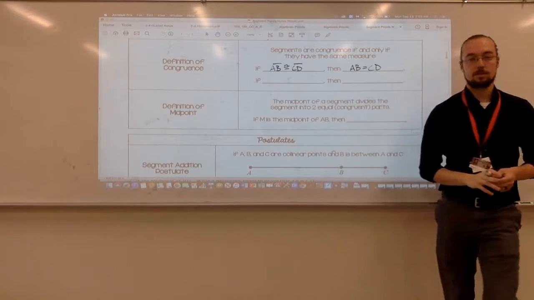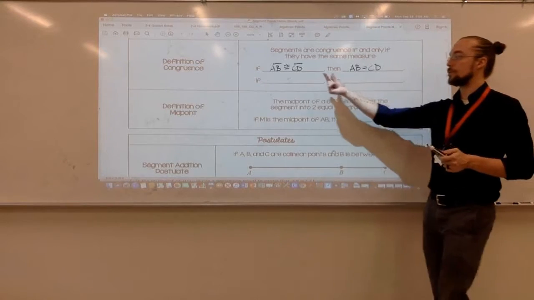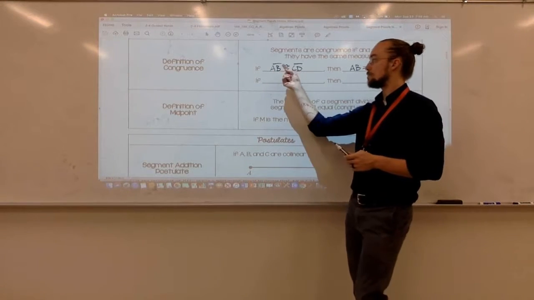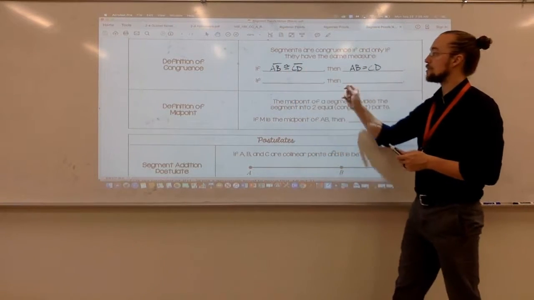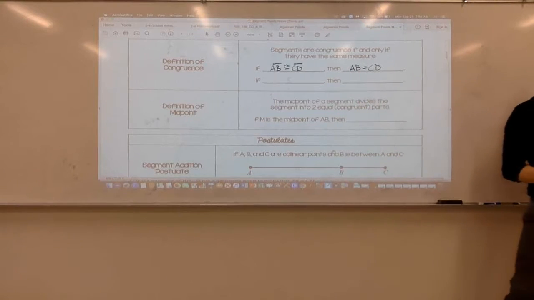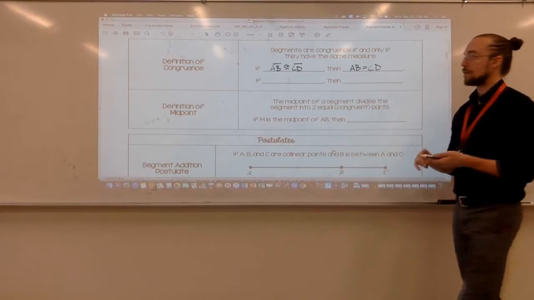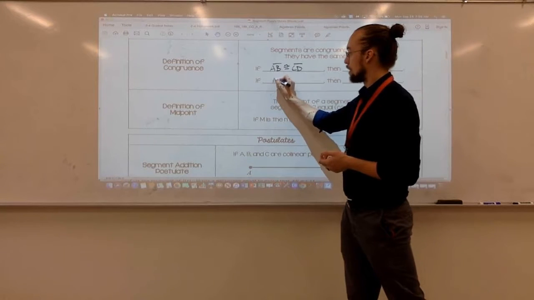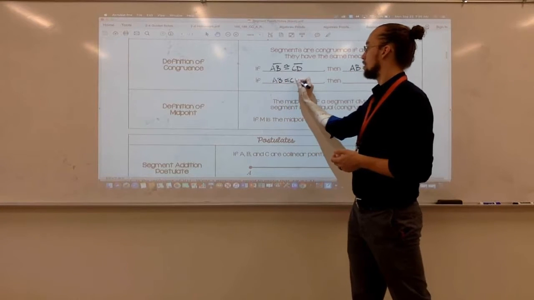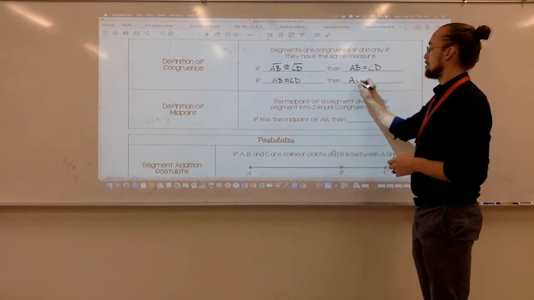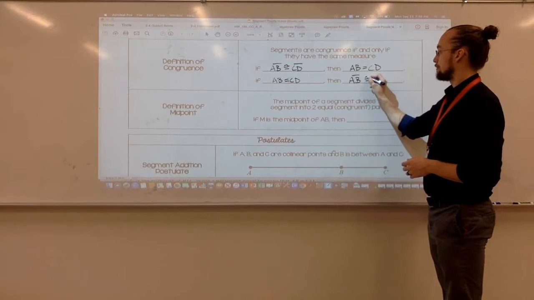This is the notation we would use: if the segments themselves are congruent, putting the lines over top, then their lengths are equal. And then we can also say that in reverse. If their lengths are equal, then the segments are congruent.